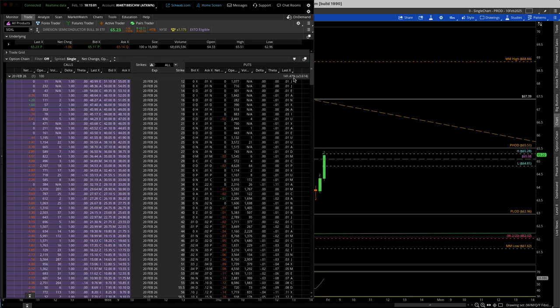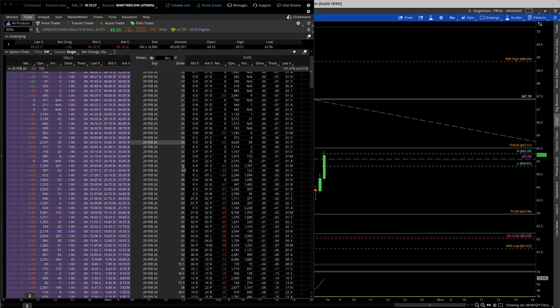What that means is that the market makers expect a plus or minus $3.61 movement on price action, and that's from the close price on Thursday. So add 3.61 to 65.23, you get 68.84. And if you subtract 3.61 from 65.23, you get your 61.62.